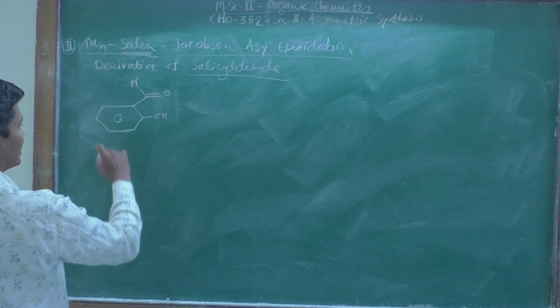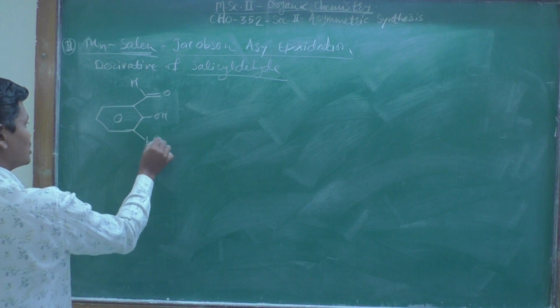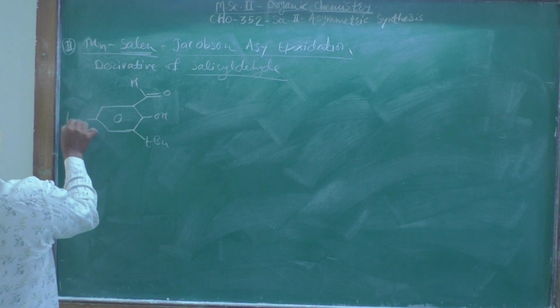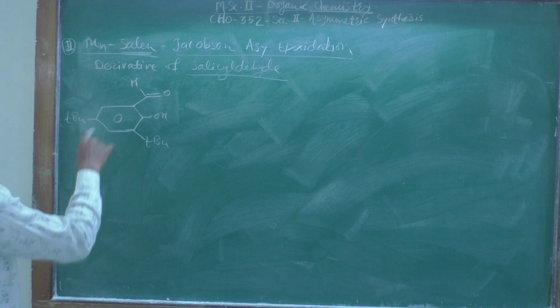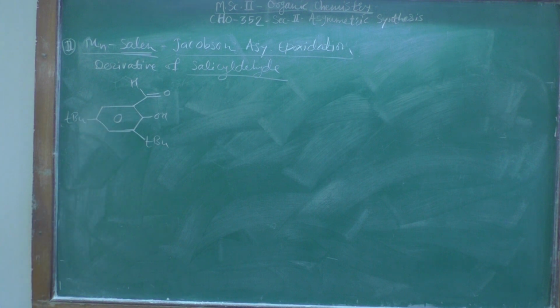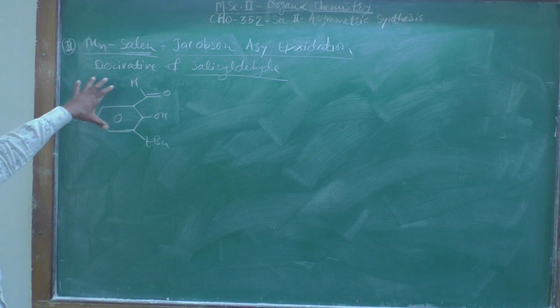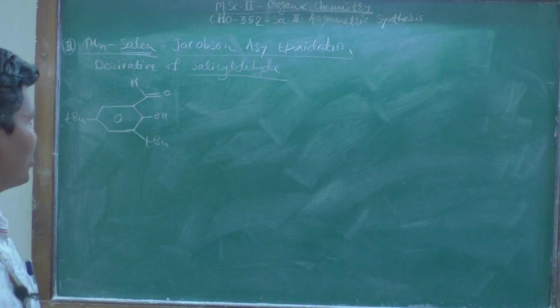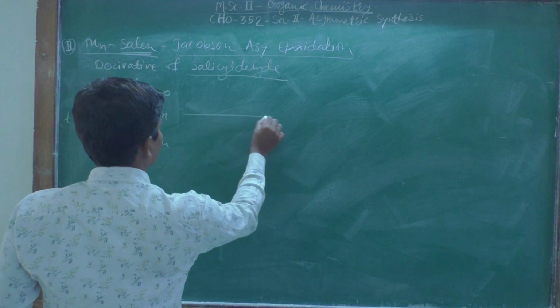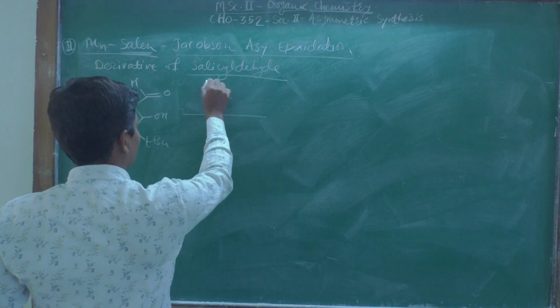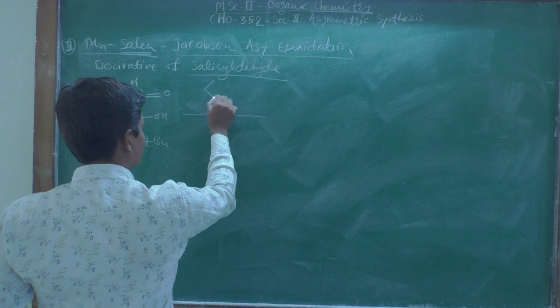This is salicylaldehyde, and tertiary butyl groups are attached to this aromatic ring at the third and fifth carbon atoms. So this is the derivative of salicylaldehyde, and we can prepare it by using a chiral cyclohexane derivative.